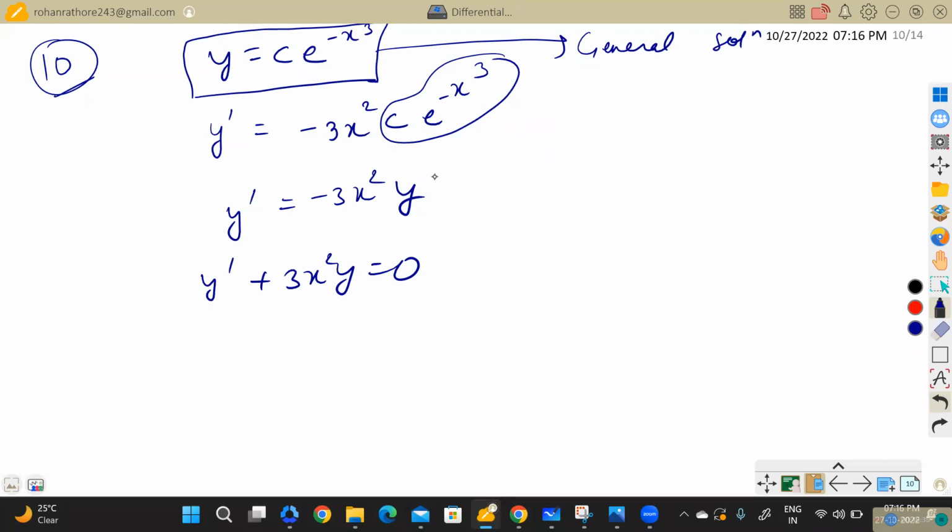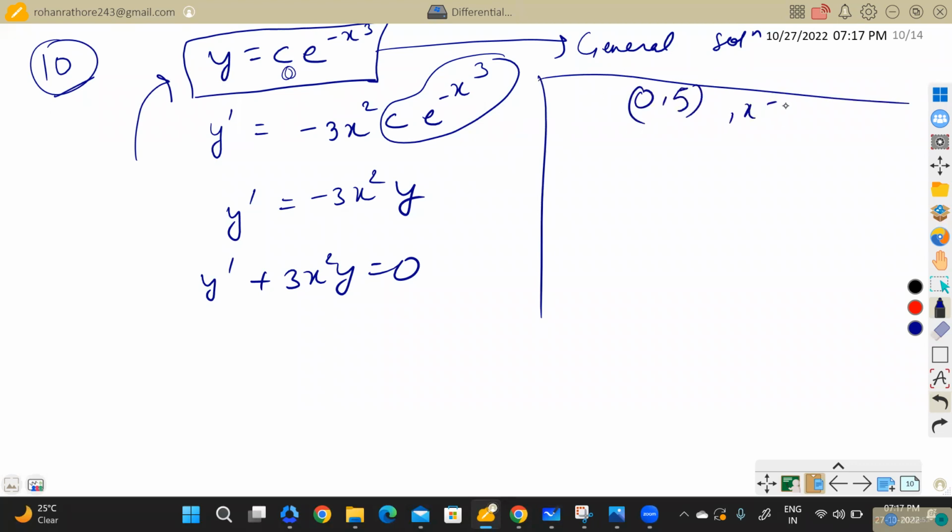How can we determine the particular solution? We can satisfy the given point in this y and solve for c. Whatever c comes out, we can then replace the c here to get our particular solution. Let's do this. The point is 0 comma 5. So this tells us x is 0 and y is 5. Let's substitute.